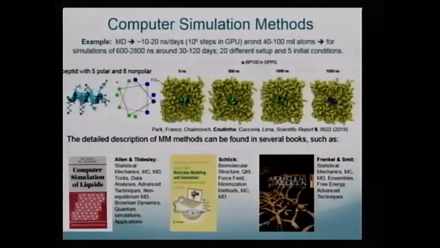If you take a look at this kind of simulation, Leandro is my student who worked on this project here, and we have around 1 million steps in a GPU. We can do around 10 or 20 nanoseconds per day in a GPU processor, with around 40,000 or 100,000 atoms in the system.